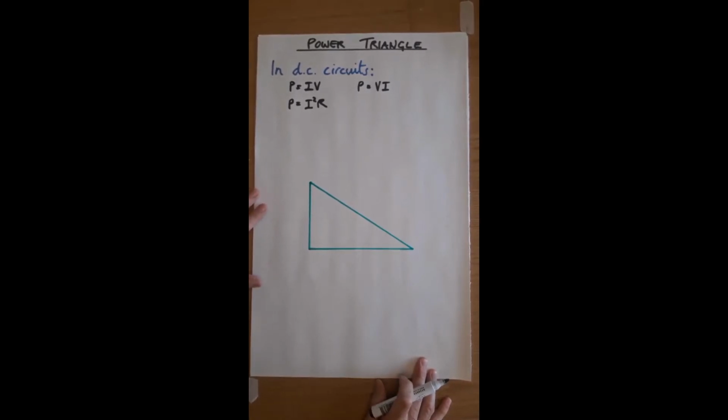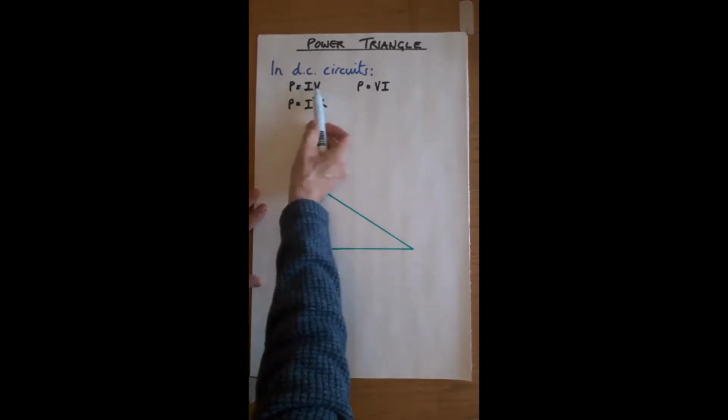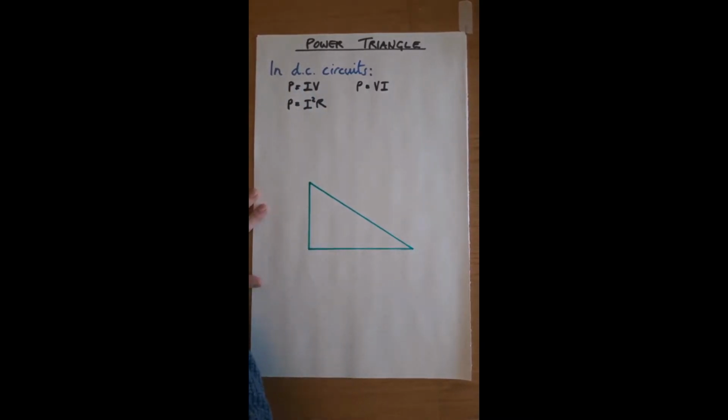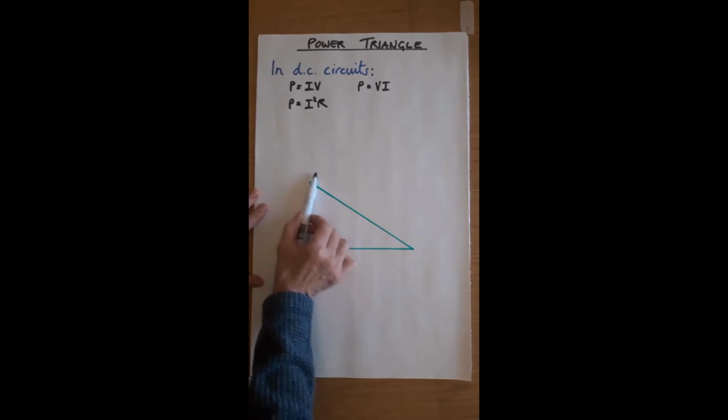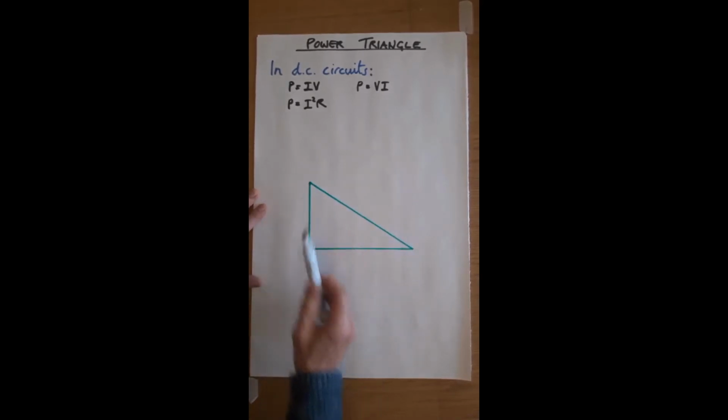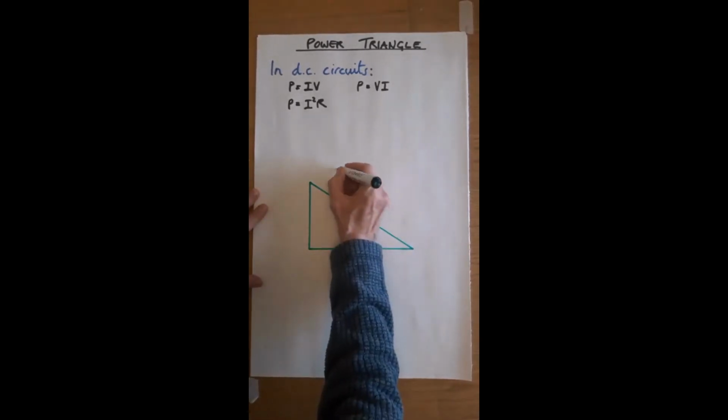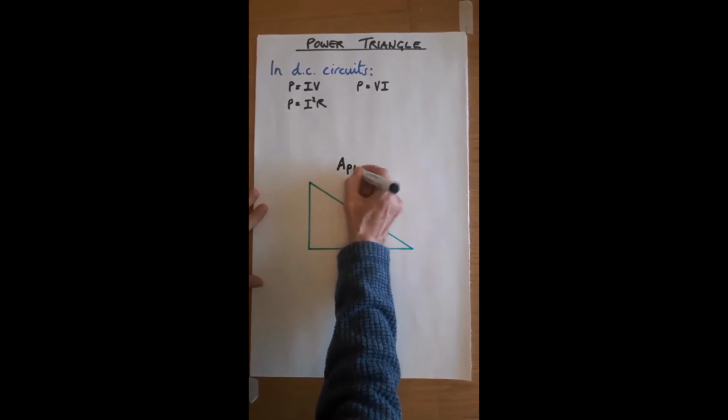However, in AC, this can cause a little bit of a problem. If we take this formula here, P equals IV, we're literally multiplying the current by the voltage. In an AC circuit, that is this side of the triangle, it gives us something called apparent power.